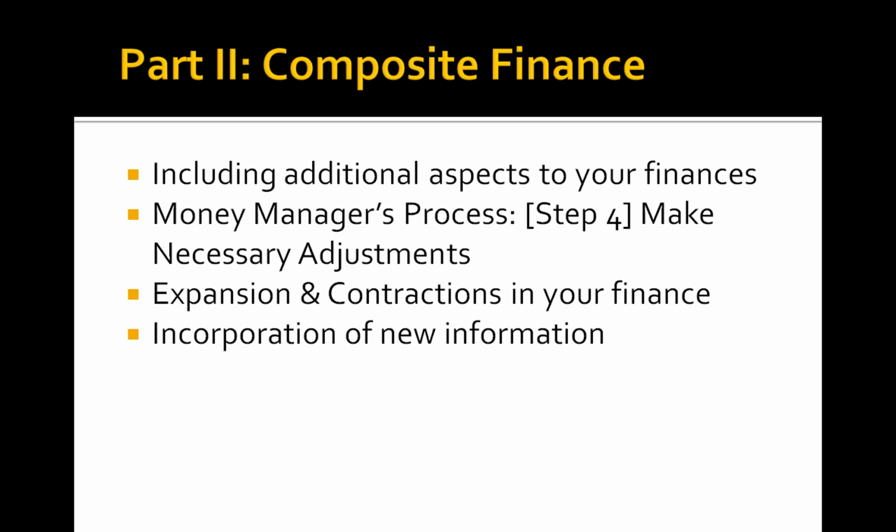I'm going to show you how to incorporate that into your new budget, and create a new budget without having to do an overhaul and do everything all over again. We're using composite finance to better make adjustments for any changes that happen without having to change the entire plan.